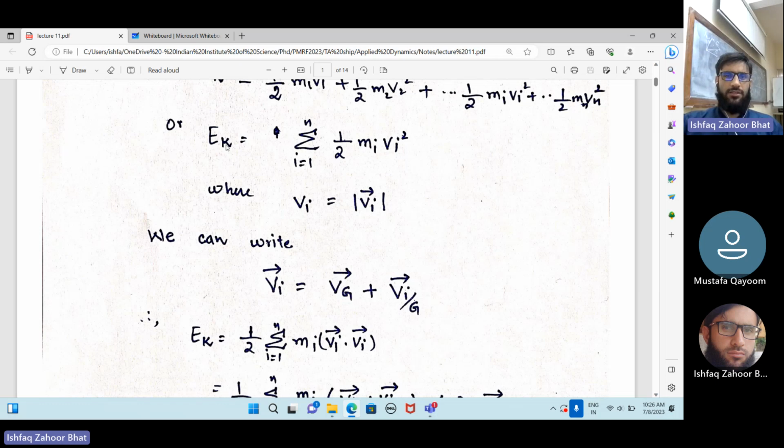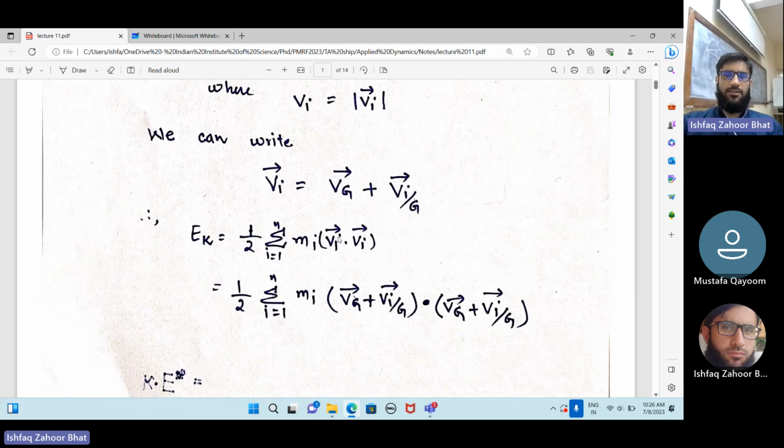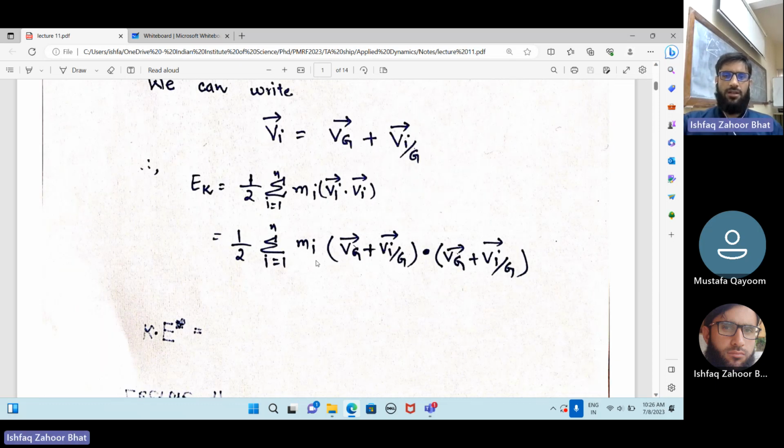And we have the expression for kinetic energy here. So let us substitute this V_i in this expression and write this v_i squared as V_i dot V_i. For V_i, we write V_g plus V_i with respect to G, so this becomes the dot product of these two, with the summation. Now let us expand this expression.